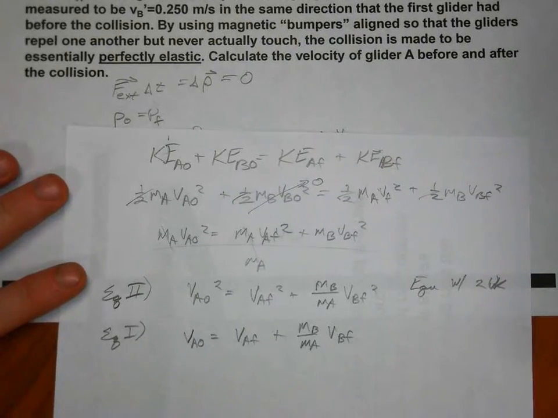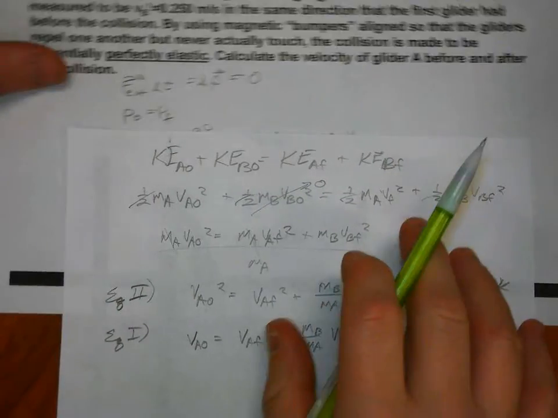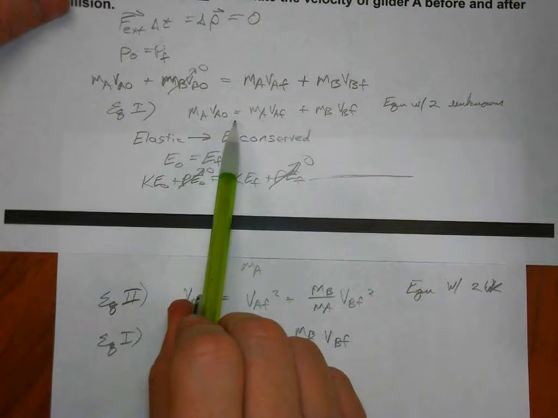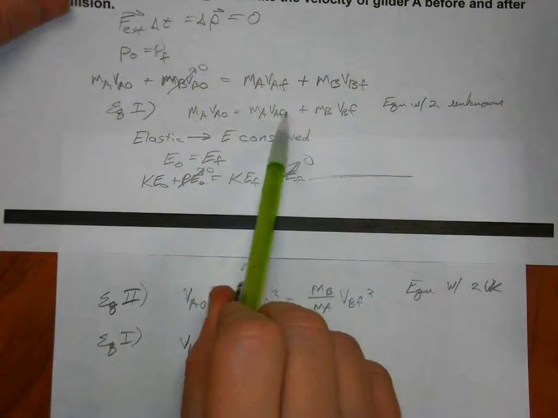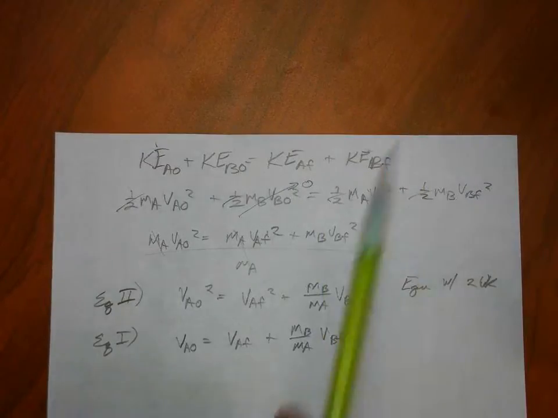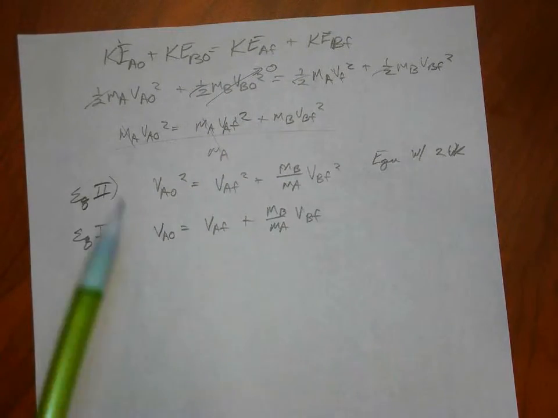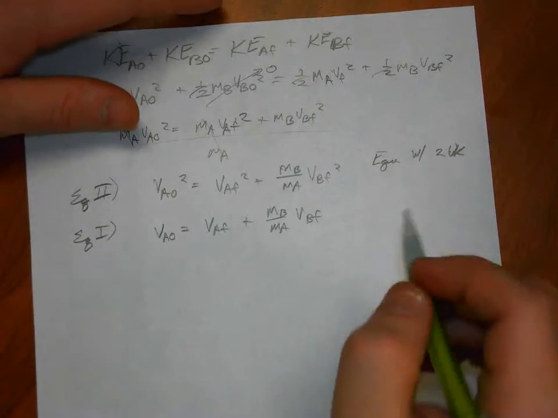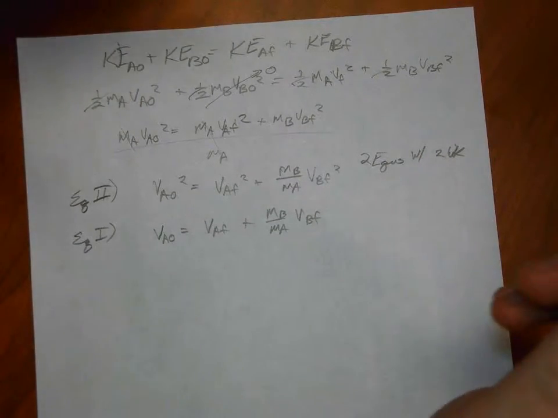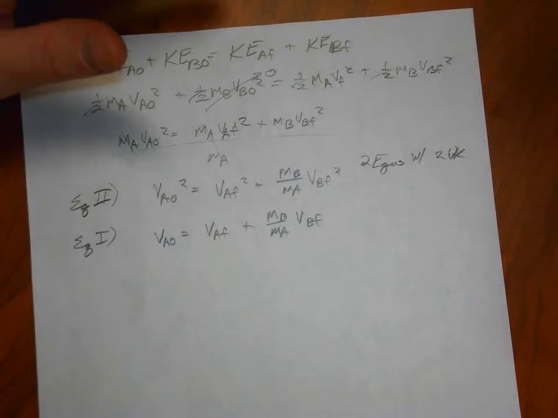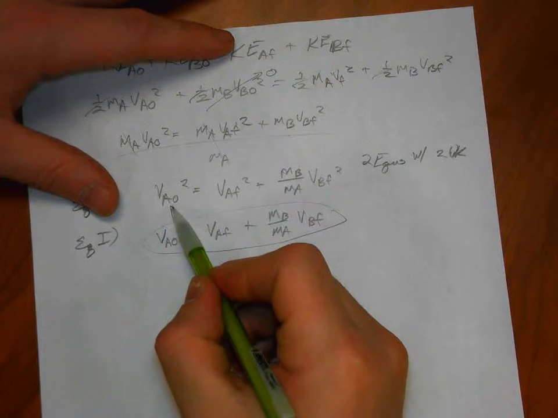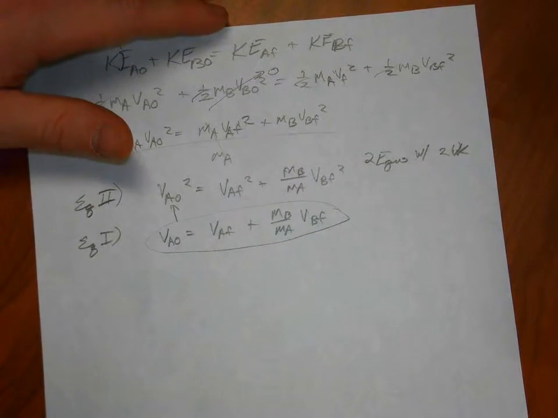Oops, sorry, it's off the screen. So I took everything here in equation 1 and divided every term by MA, which got rid of both of these, but left MA over here. So that's what we have. So we have two equations with two unknowns. We can now solve that. We have a system of equations. Several different ways we can do it, but let's just take this and plug it right into equation 2.